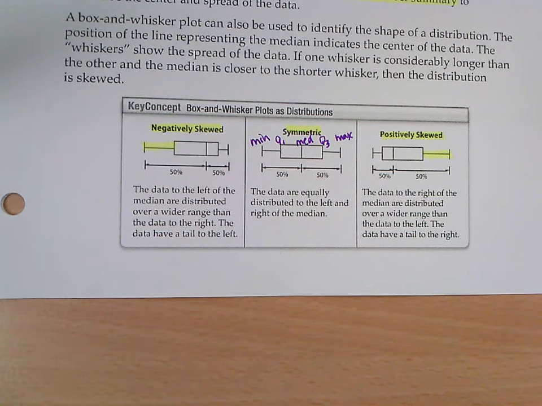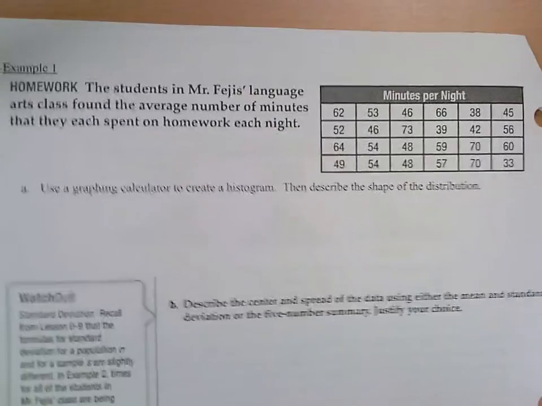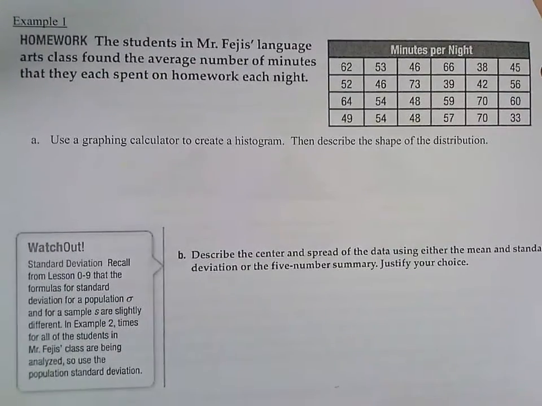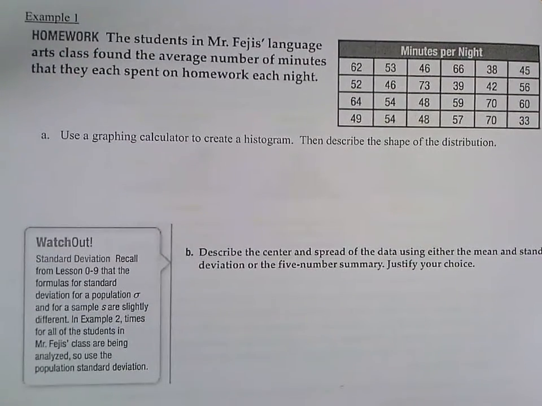So we are going to use the graphing calculators to either make a histogram or box and whisker plot and then get the statistics that we need. So if you go to example 1, make sure you're following along as I go through what to push on the calculator.